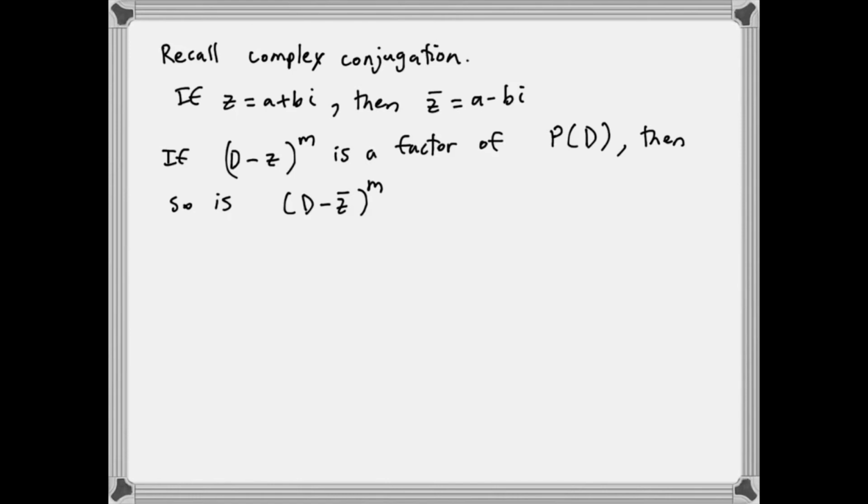Why is that? Well, this has to do with the fundamental theorem of algebra, actually. Any time that you factor a polynomial, if one of the roots is complex, you are guaranteed that its complex conjugate is also going to be a root. If you really want to talk about why this is true, think about the quadratic formula, right?